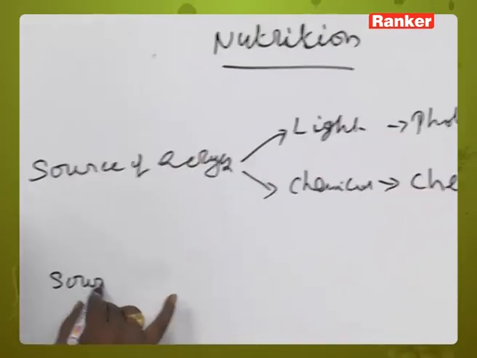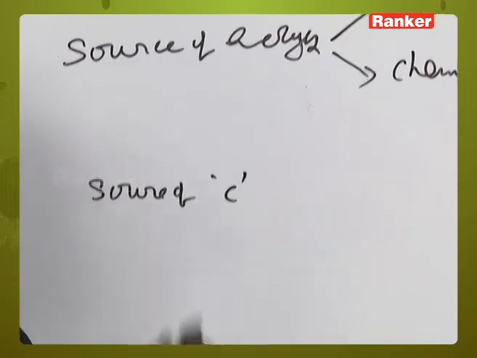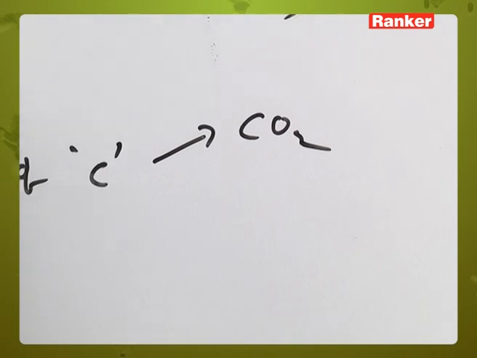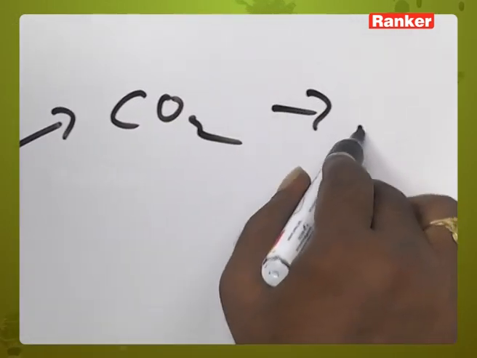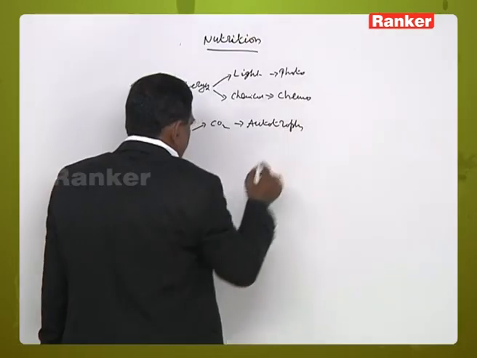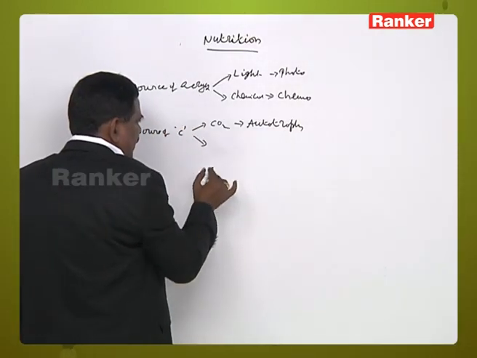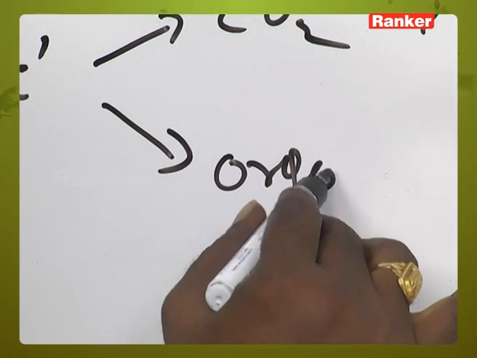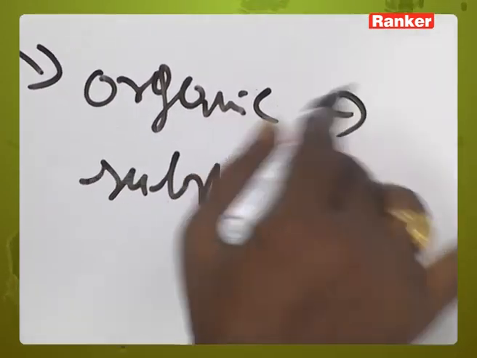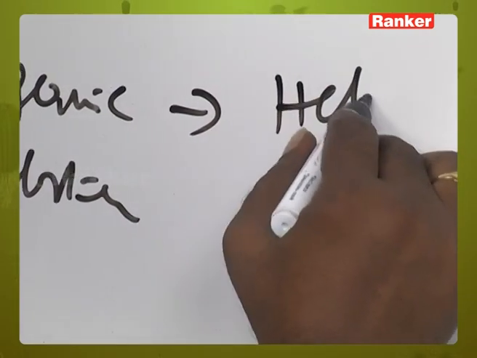Based on the source of carbon, if they obtain carbon from carbon dioxide, they are autotrophs. If they obtain carbon from organic substances, they are called heterotrophs.